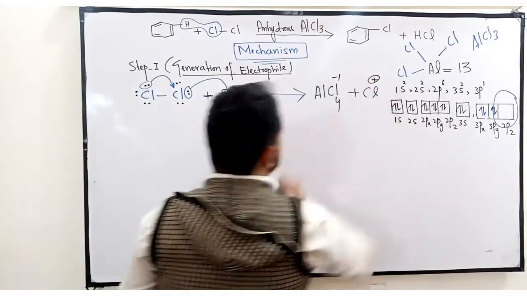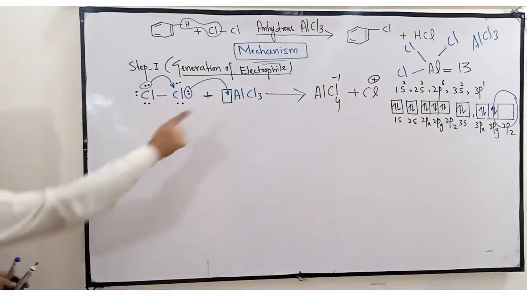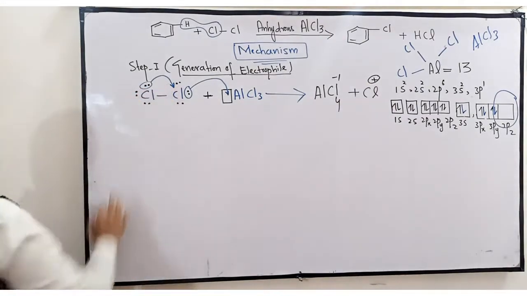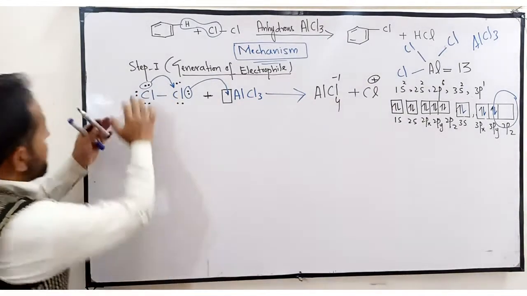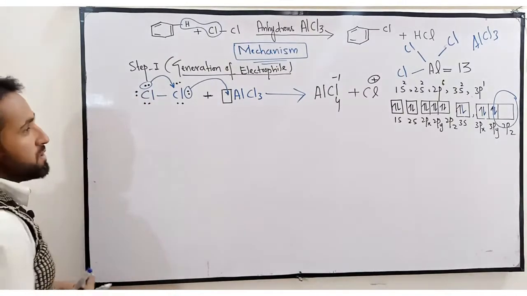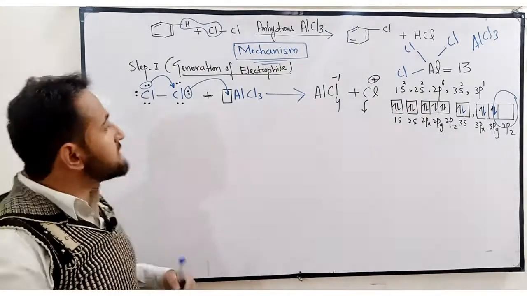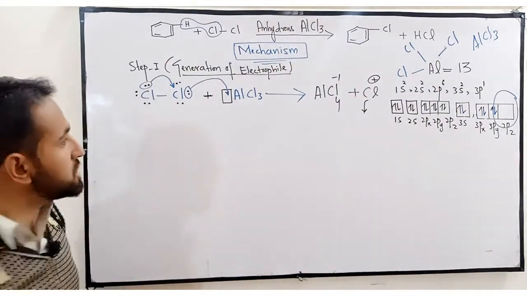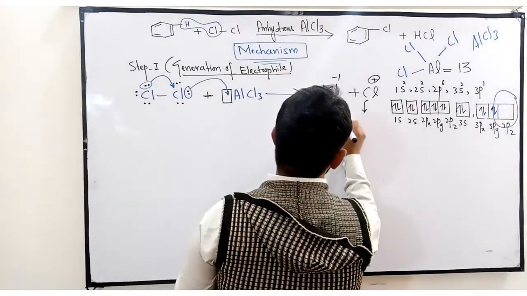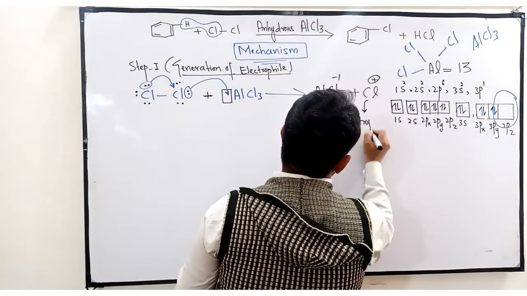Why does this become Cl positive? Because this lone pair of electrons has now gone from this chlorine atom. This becomes Cl positive, which is known as the chlorinium ion, as I told in the process of chlorination. This is our electrophile.